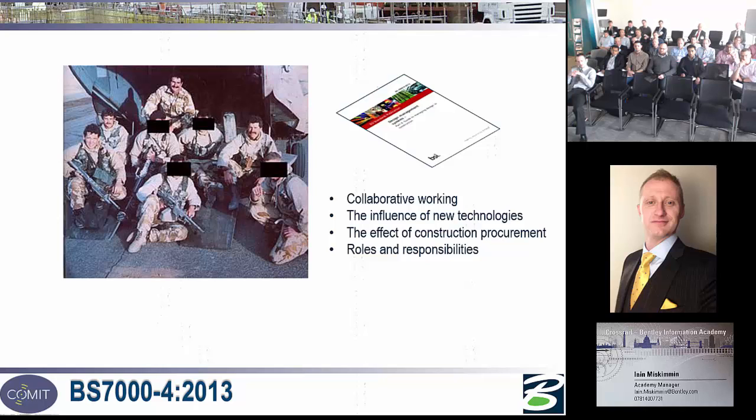And they didn't have a clear aim. They weren't given a clear mission at the very beginning. So what happens? It all falls apart. So there are always very clear parallels, I feel, between construction and the military way of working. So BS 7000 talks about collaboration, cooperation, coordination, and communication.